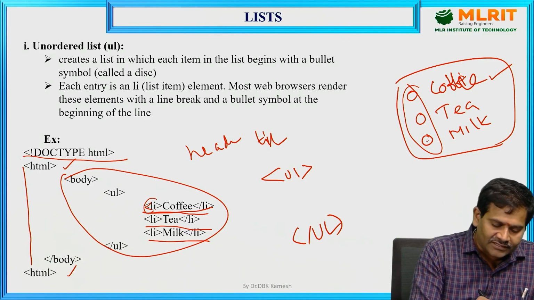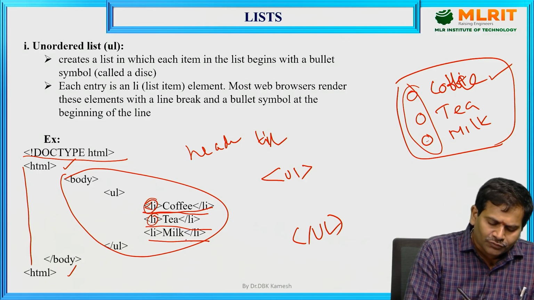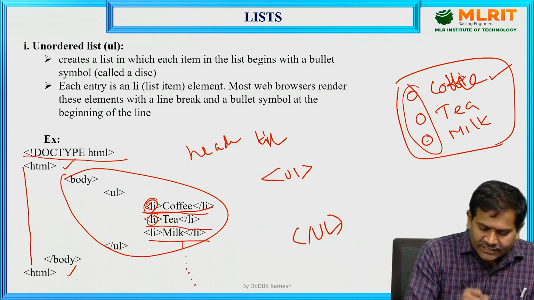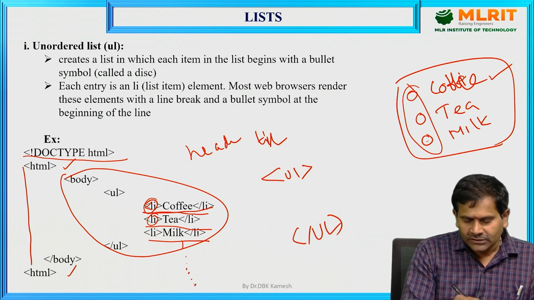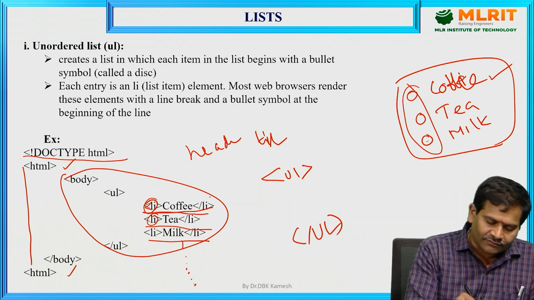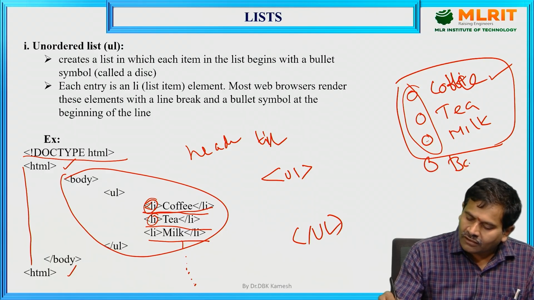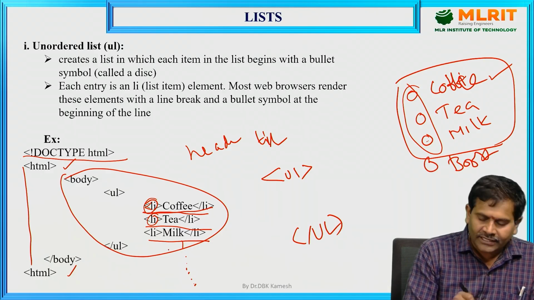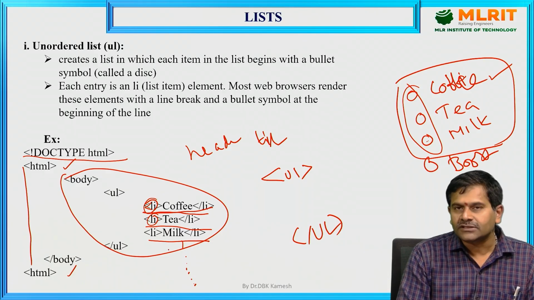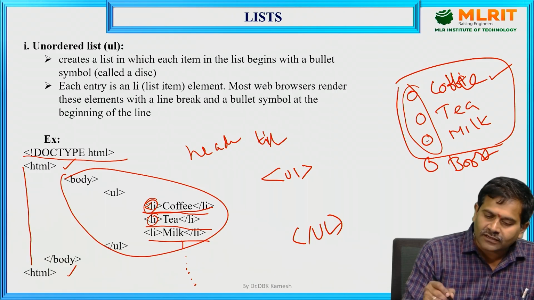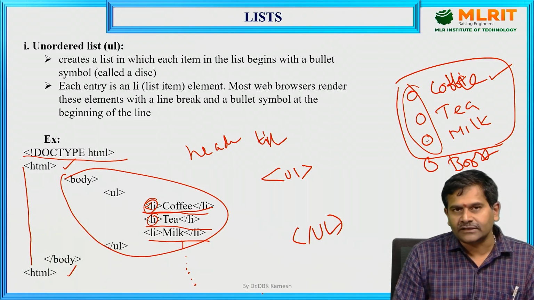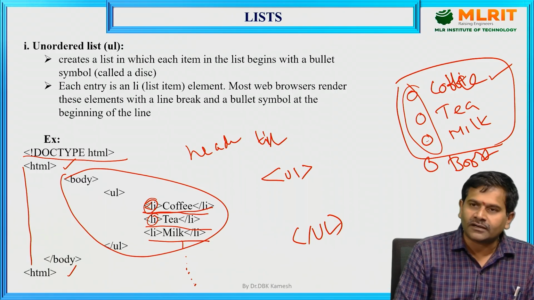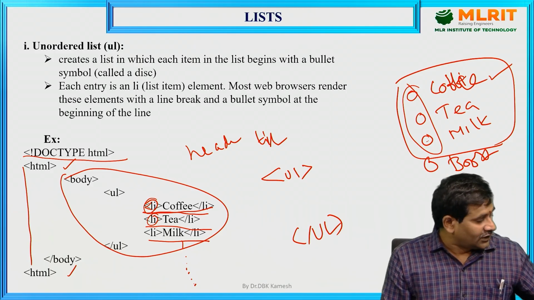This is called a list. The first type is the unordered list.